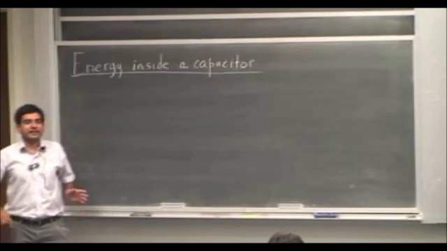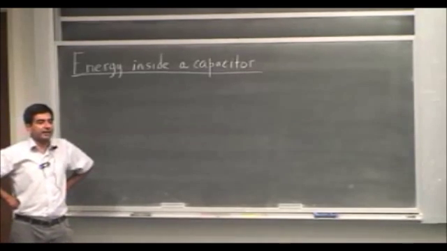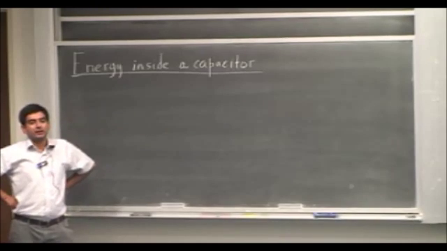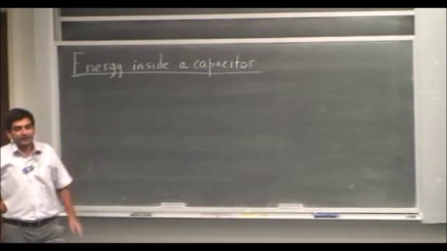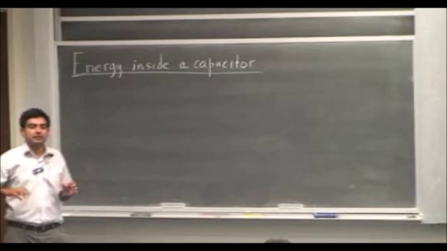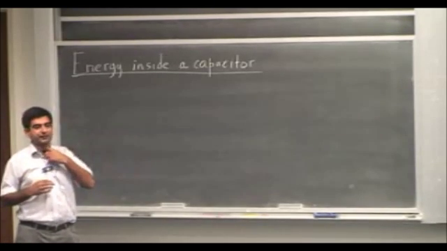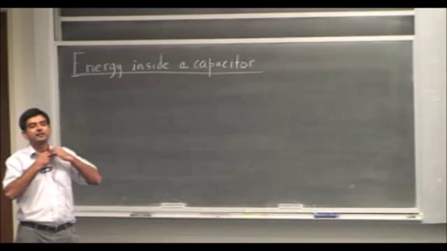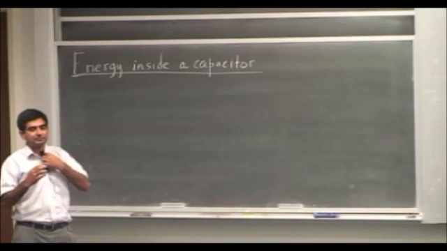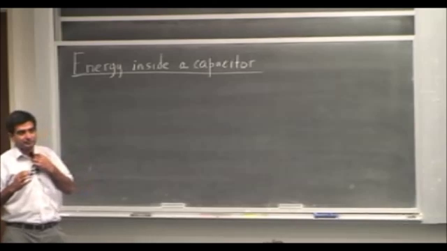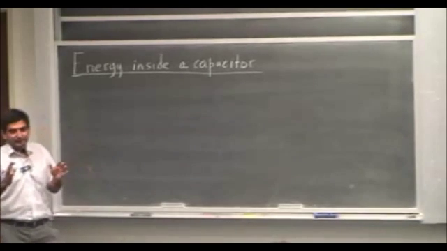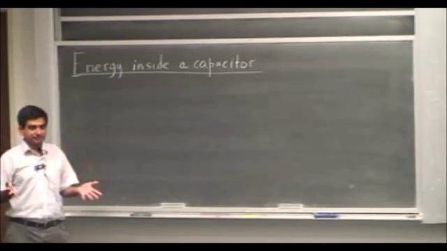All right, so in the previous lecture we looked at some energy considerations. We determined a few facts. First of all, an assembly of charges, a configuration of charges, has a certain potential energy.